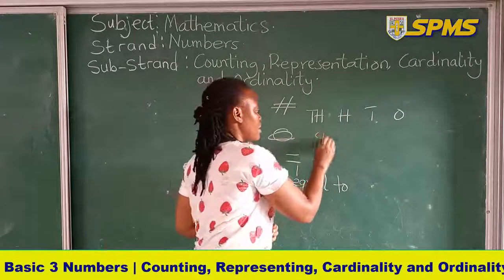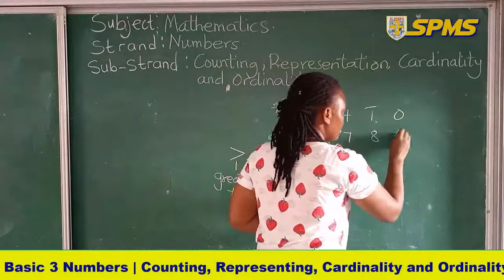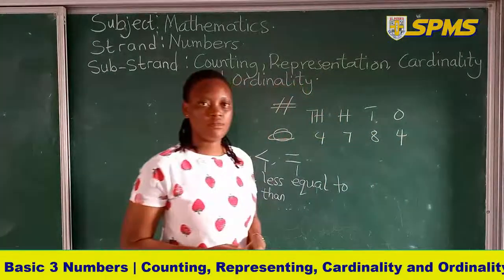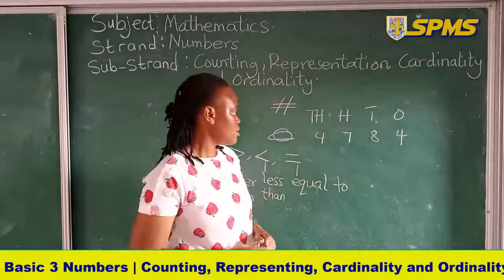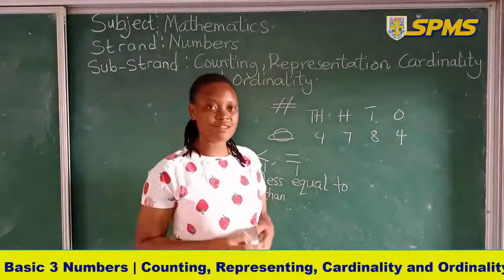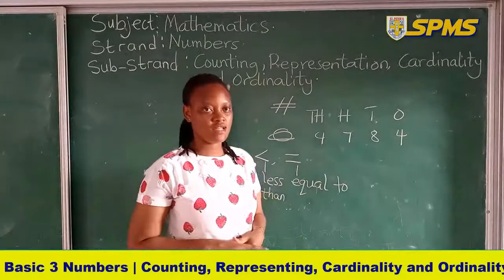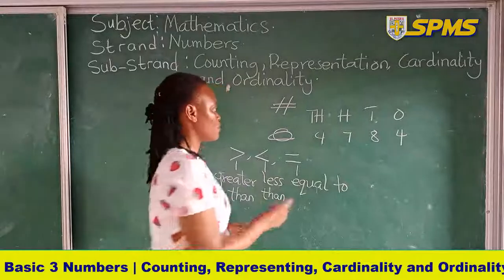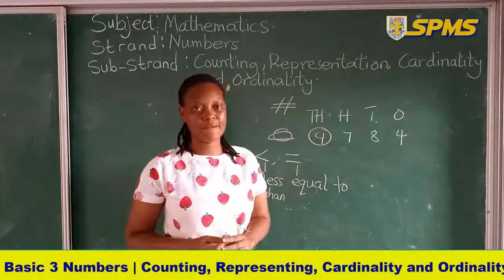If I put these digits under each place, it should tell us the position of the digits that we have. So this is 4. Where does 4 fall under?